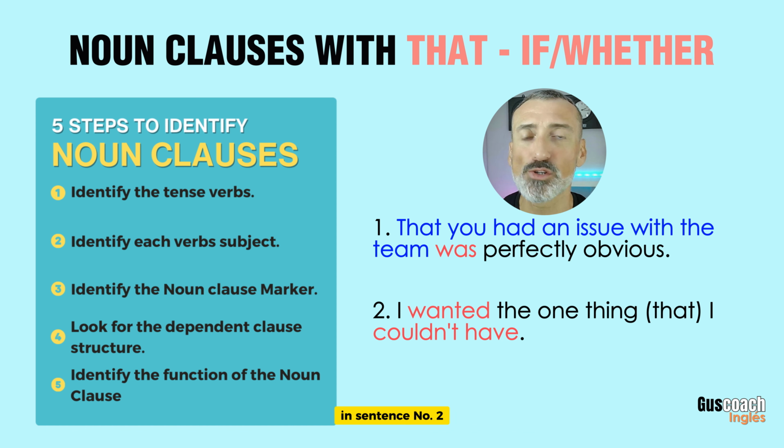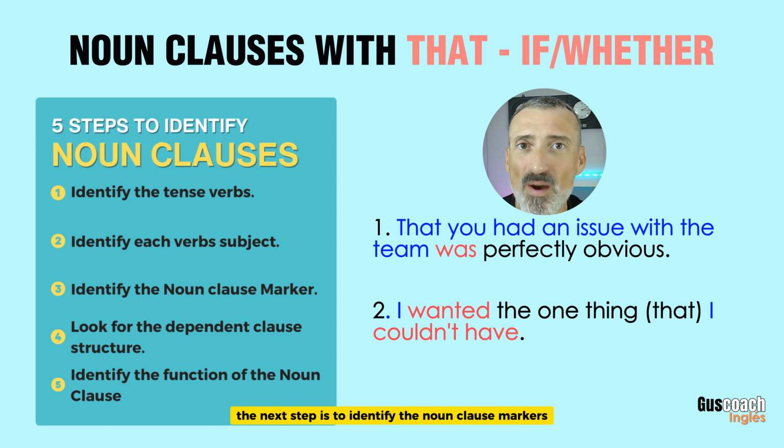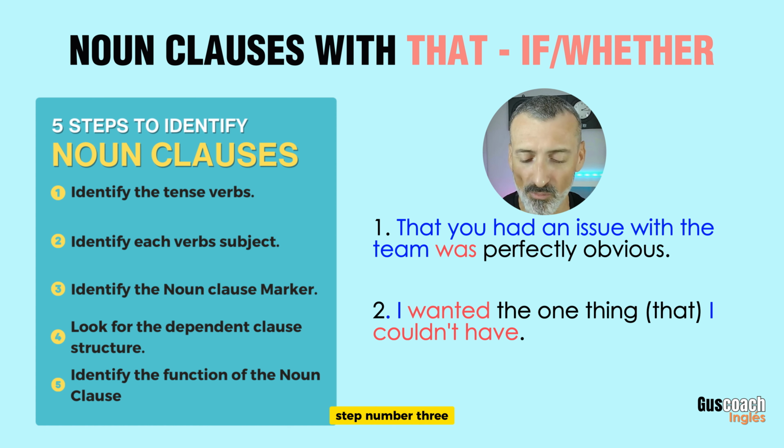In sentence number 2, the verb wanted has a subject, the personal pronoun I. I is the subject of couldn't have. The next step is to identify the noun clause markers. Step number 3. So in sentence number 1, we have that, obviously, and in sentence number 2, we also have that. In this case, we can see it's in brackets, meaning that we can omit it.